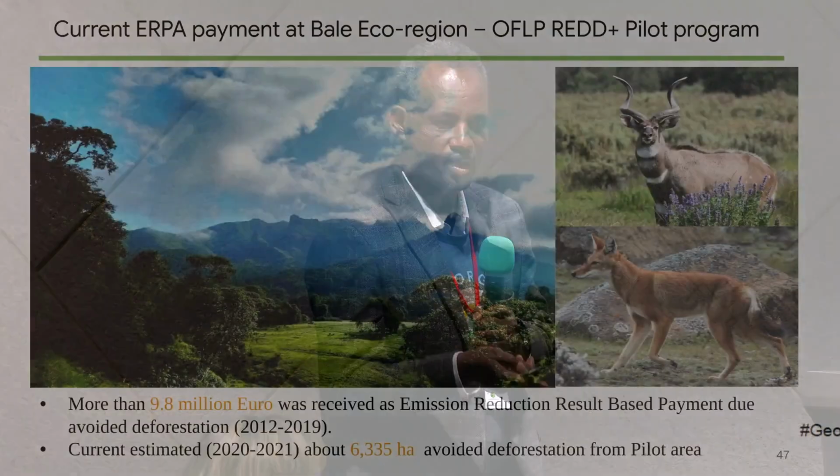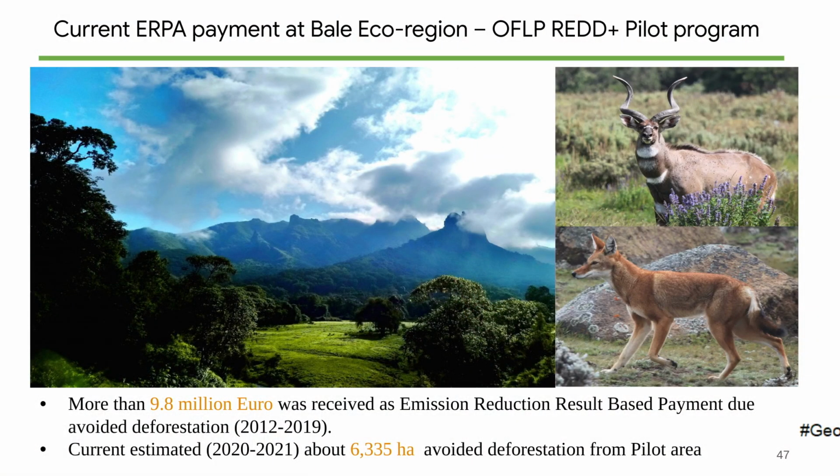Thank you. And another piece of information we have is the Bale Ecoregion REDD Plus pilot program. This area is one of the 45 heritage sites now recognized by UNESCO.